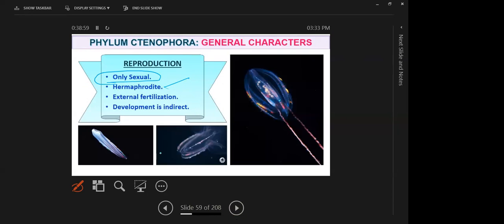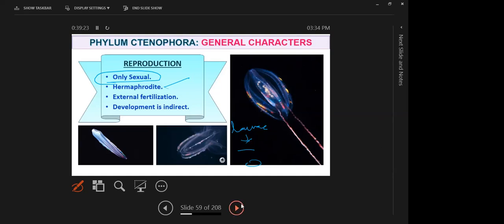Development is indirect, that means through a larval stage. What do you mean by indirect development? A larva grows into an adult.